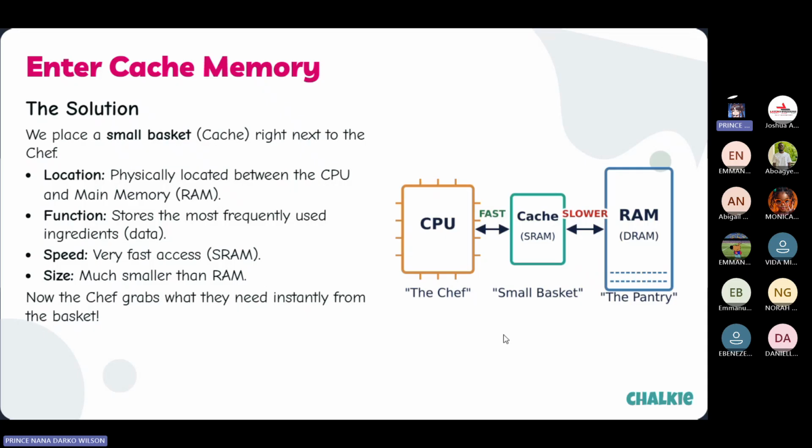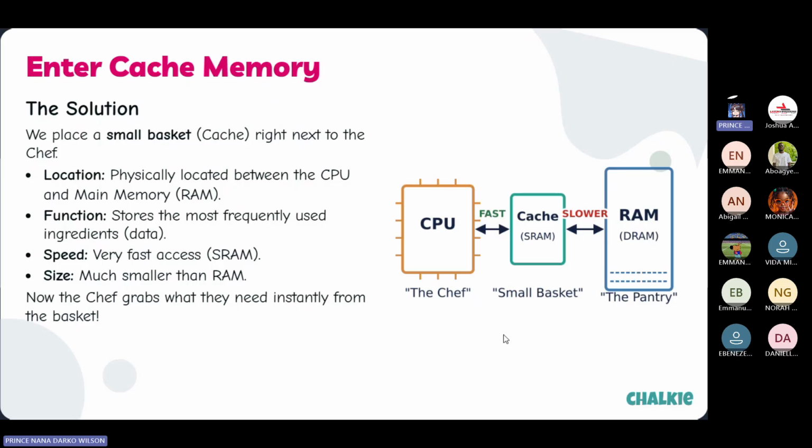So if the assistant realizes that the chef is preparing ebunu ebunu, he brings things like kontomri and kantose, and puts them in the basket, because he knows the chef will definitely need these things. So he prioritizes them and puts them right there so that the chef can easily access them. So the most frequently used ones are stored closer to the chef.